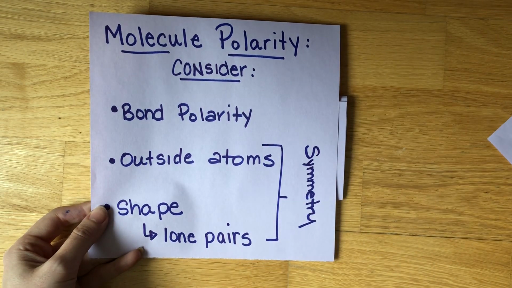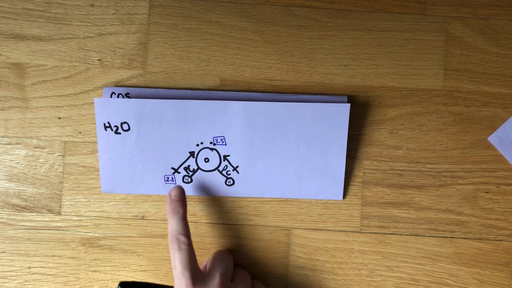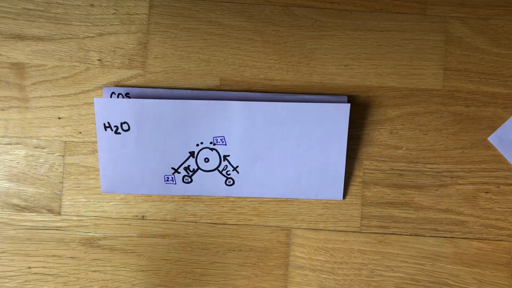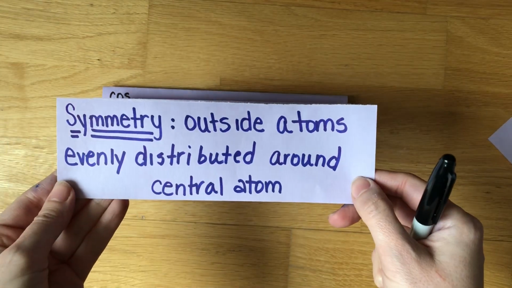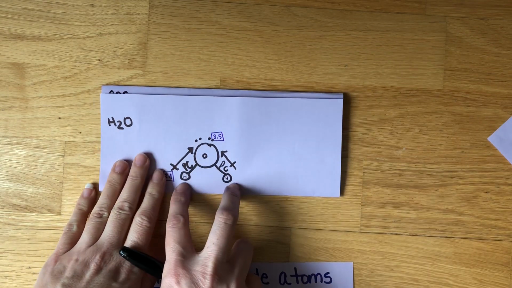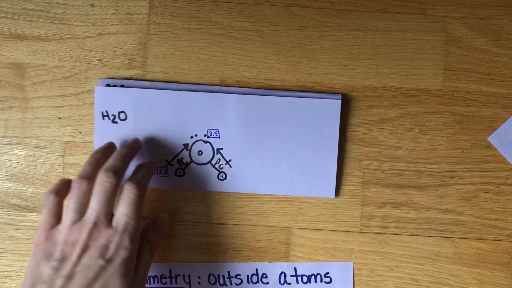So now I have to see if my molecule is symmetrical or opposite, which is asymmetrical. I automatically notice that the atoms that surround the center, remember we talked about symmetry, the atoms, and I notice that they're not evenly distributed. They're over here on the bottom versus some protruding out at the top here, right?